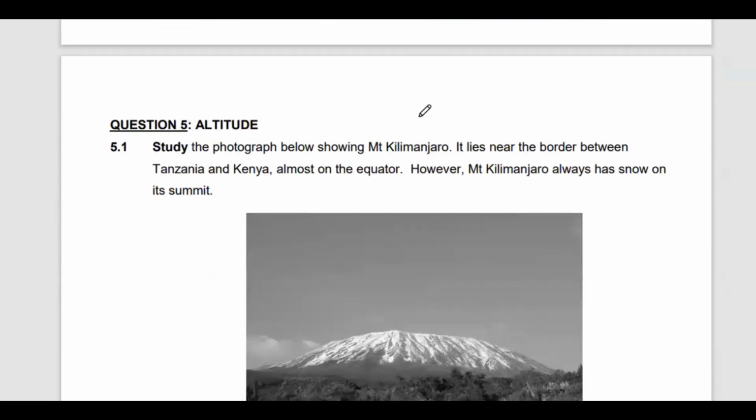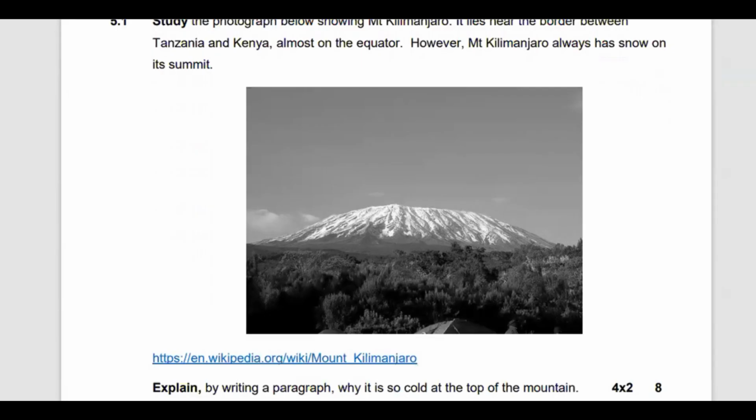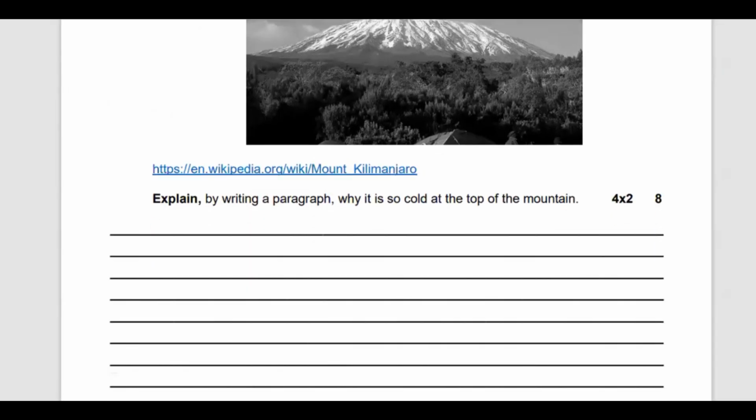All right, then we have altitude. Say the photograph below showing Mount Kilimanjaro. It lies near the border between Tanzania and Kenya, almost on the equator. However, Mount Kilimanjaro always has snow on its summit. Explain by writing a paragraph why it is so cold at the top of the mountain.